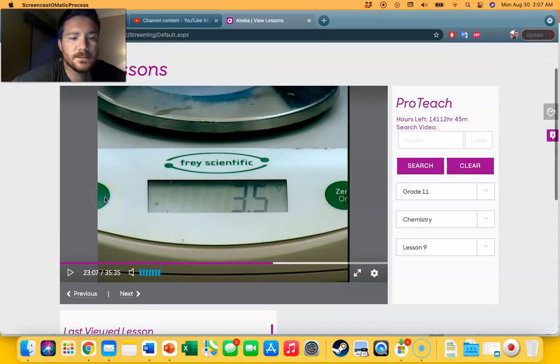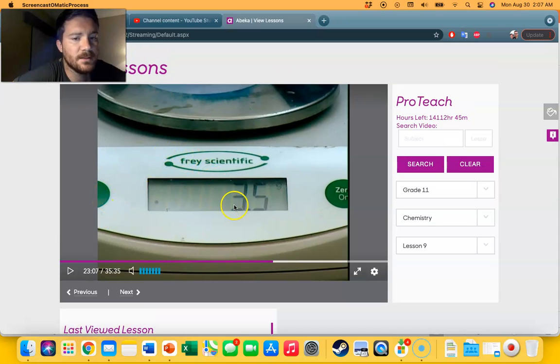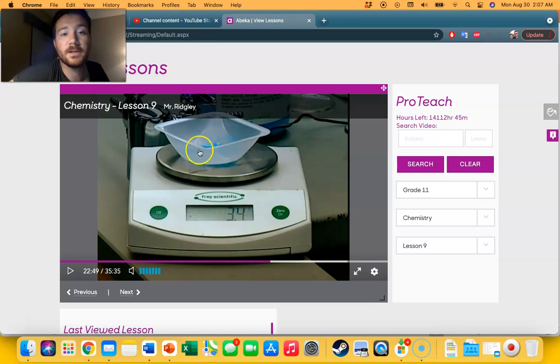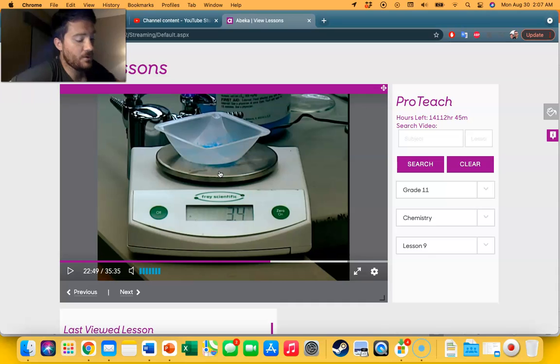One of the things he does first, and you can see that this is 3.5 grams, is he puts copper sulfate inside of a dish, and he weighs this dish and weighs the copper 2 sulfate. And you can write this on your lab report, page 19: the mass of the copper sulfate and the dish is 3.5 grams.